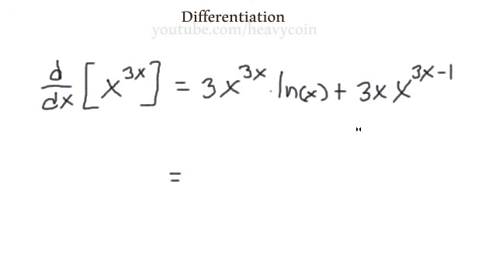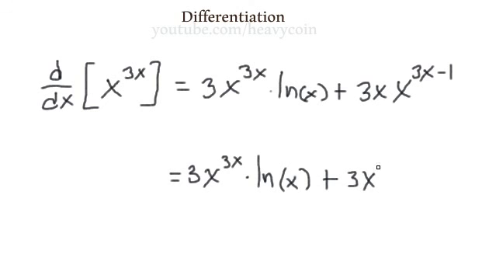Okay, and then of course we can simplify this thing down. I'm going to rewrite everything here. 3 times x to the 3x, times the natural log of x plus, now this right here, I'm going to write 3x, remember this is a 1 right here.